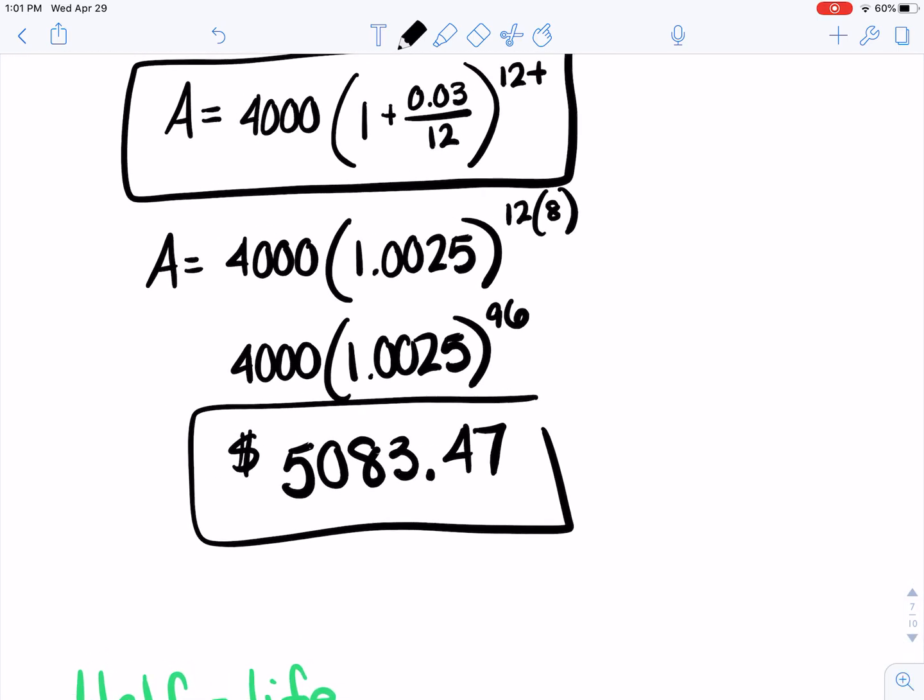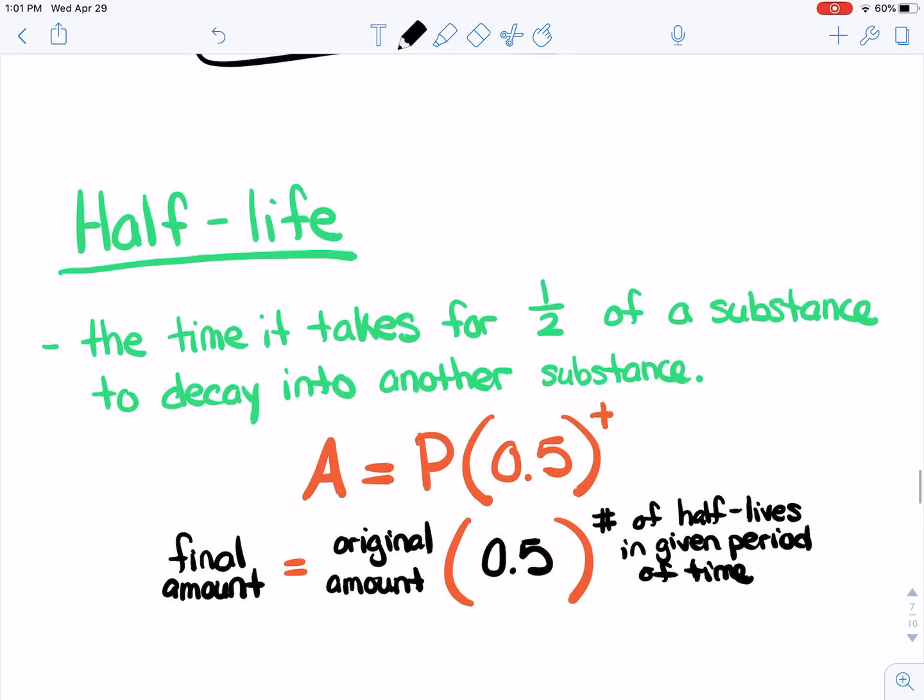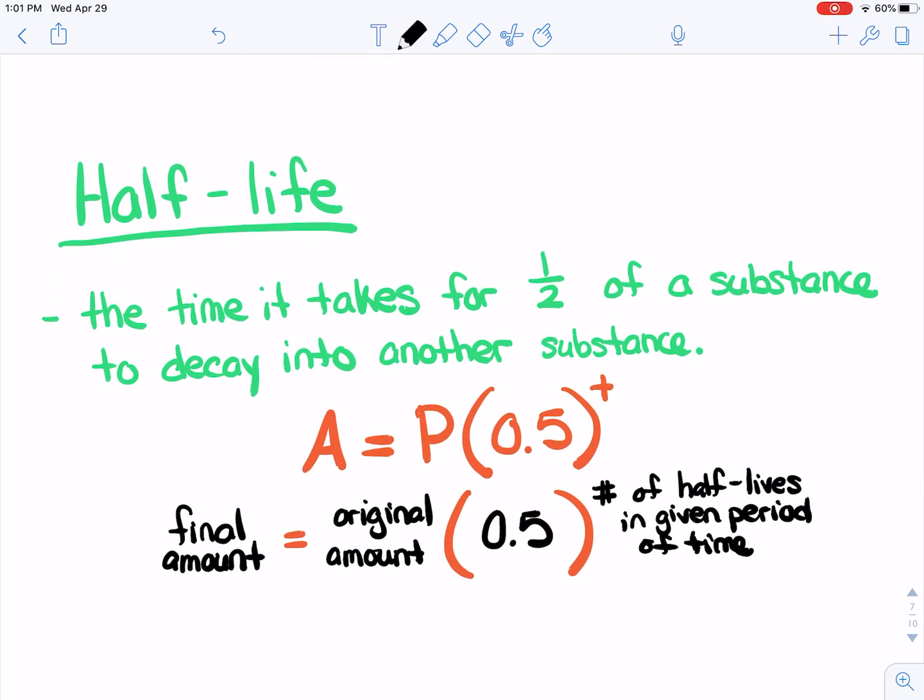Okay, now the last type of problem, the fourth formula for this section, is half-life. And this has to do with science. Math used in science, is what I was trying to say.